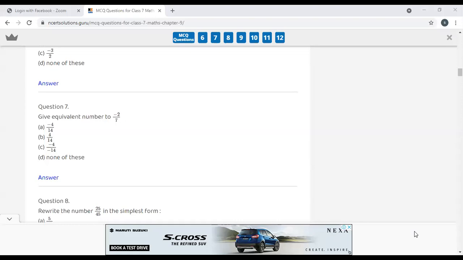I asked how you will find equivalent rational numbers. Can you tell me the procedure? Ma'am, we will multiply both the numerator and denominator by 2, by 3, by 4, then you will get equivalent rational numbers or equivalent fractions. So the answer is the first part, -4/14. Is it okay?